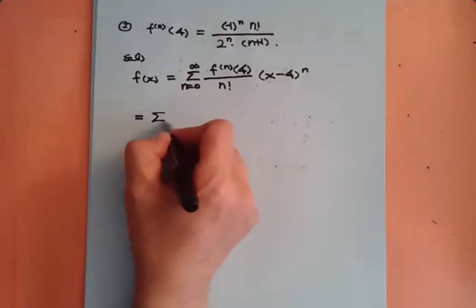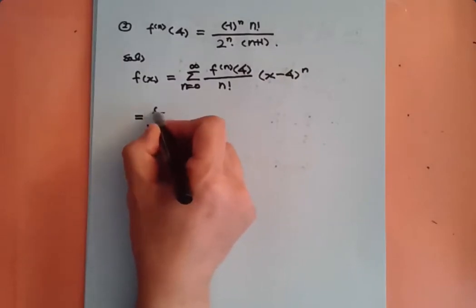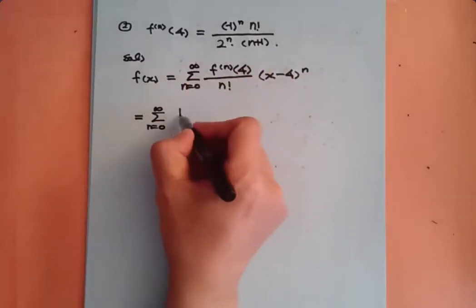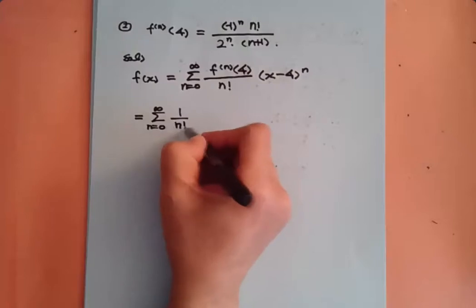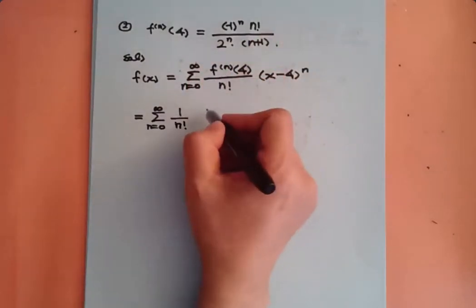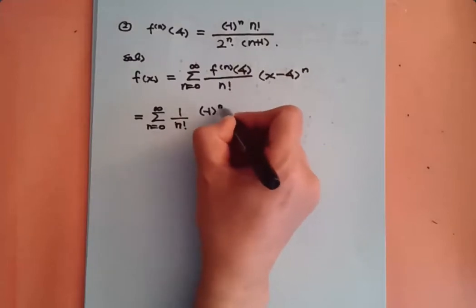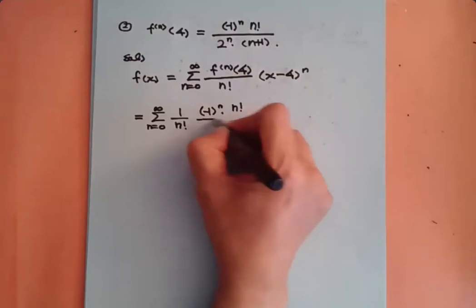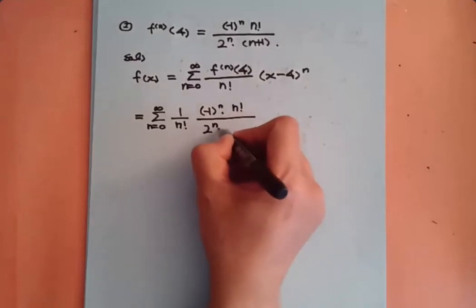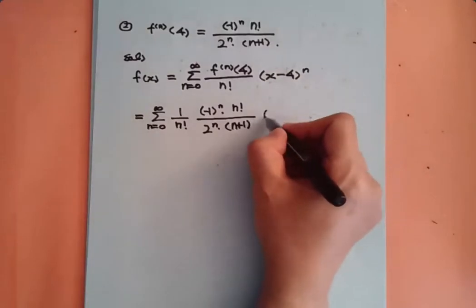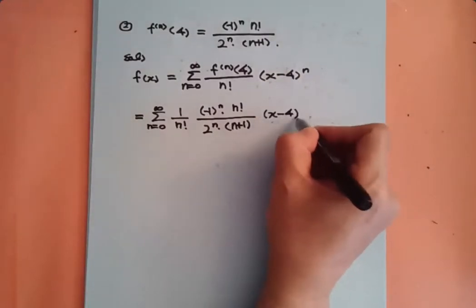So that becomes summation n equals 0 to infinity. We just write the denominator as 1 over n factorial, and then we multiply the numerator, which is -1 to the n power times n factorial over 2 to the n power times n plus 1, times x minus 4 to the n power.